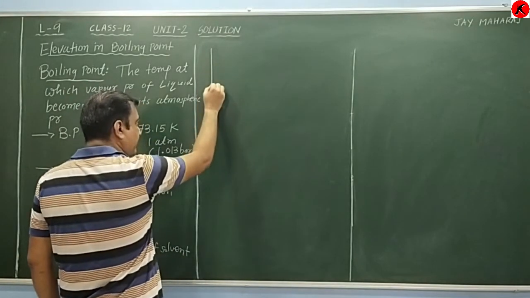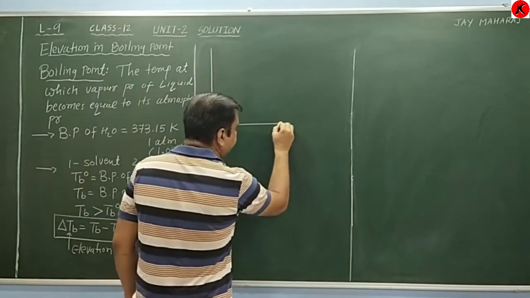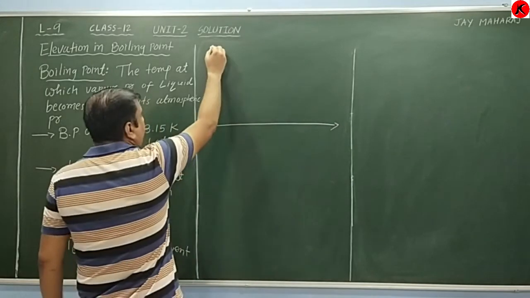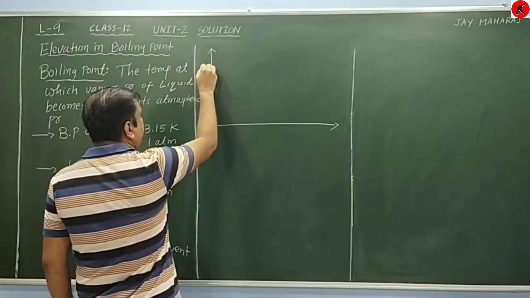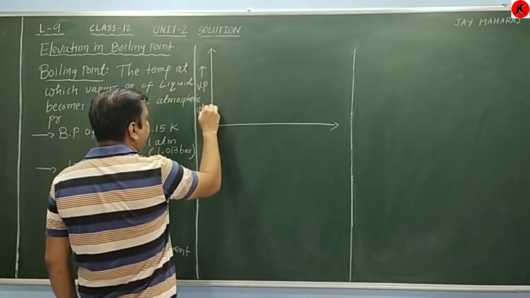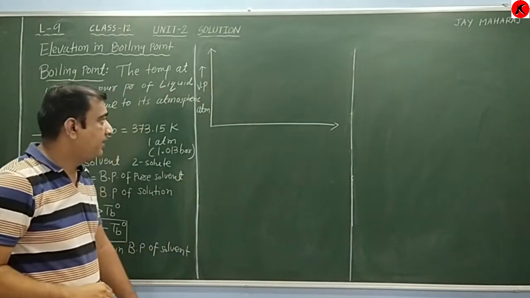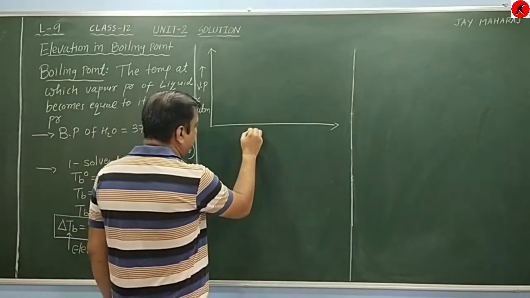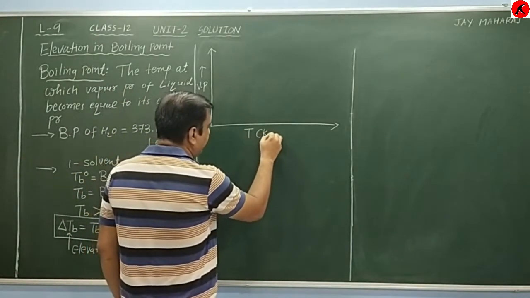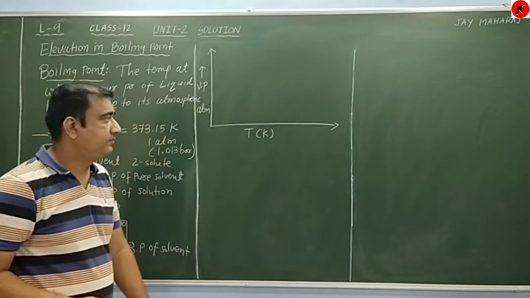On the y-axis it will be vapor pressure, in atm unit, and on the x-axis temperature, in Kelvin unit.